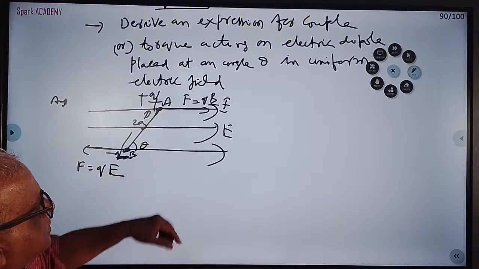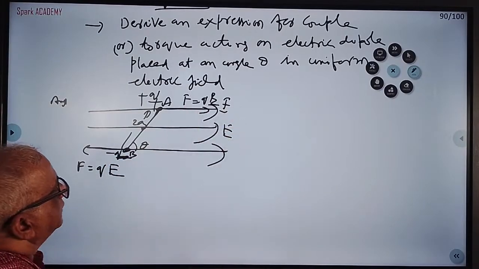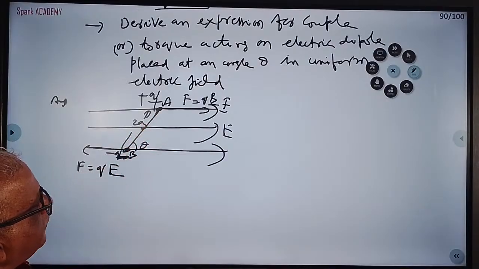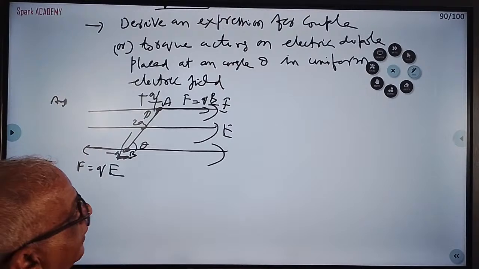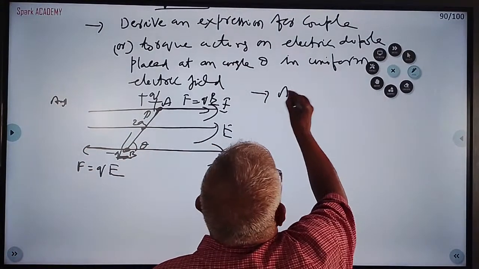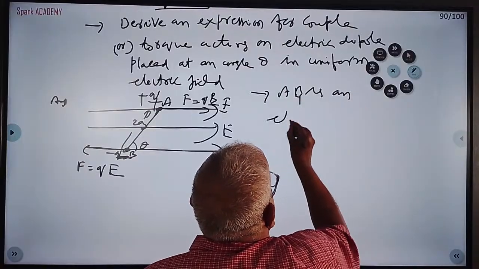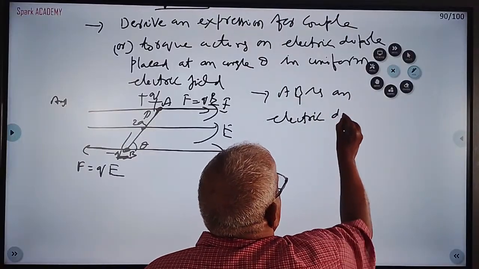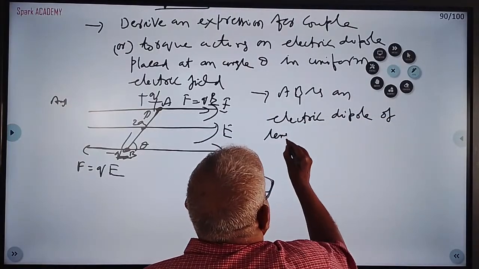There are two forces acting horizontally. So AB is an electric dipole of length 2a.